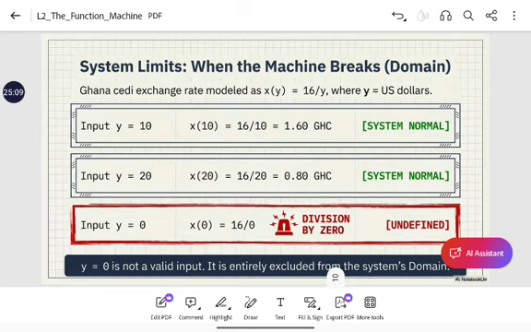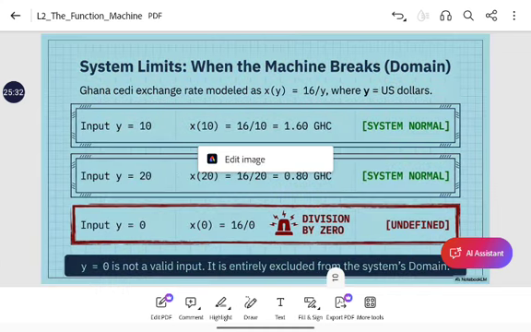Good. We are saying that this is the rule. To get Ghana cedis x, you have to put the value y into the function, and the function is 16 divided by y. Good. So the system is normal.